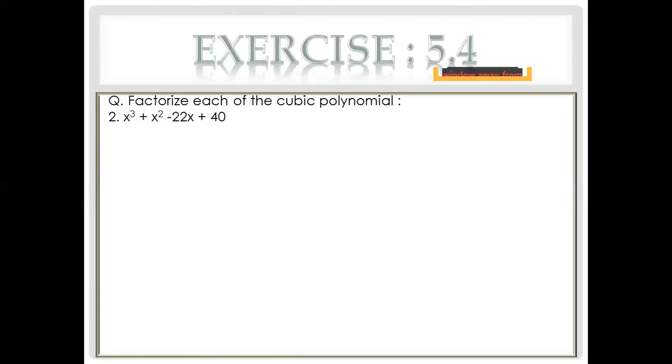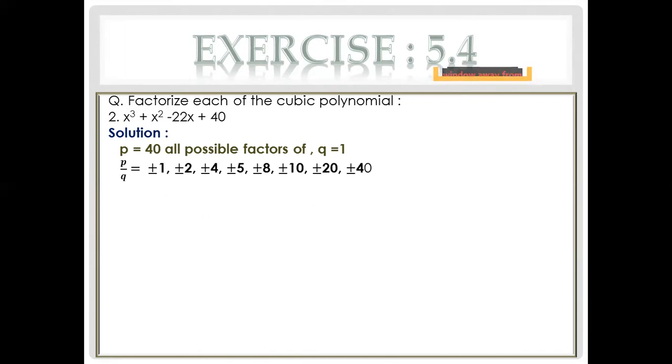Question number 2, x cube minus x square minus 24x plus 40. Now we find all the possible factors of 40. In our question p is 40 and q is 1, because the coefficient of x cube is 1. All possible factors of 40 are 1, 2, 4, 5, 8, 10, 20 and 40, but with both plus and minus signs.